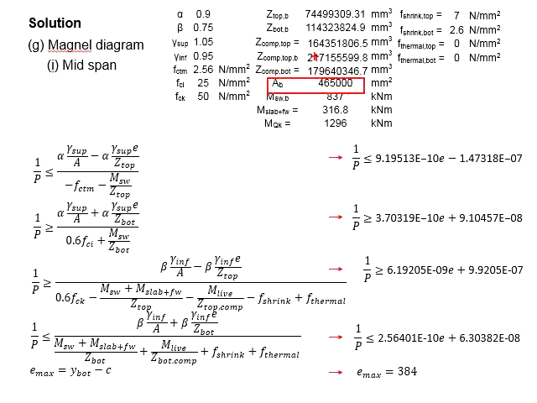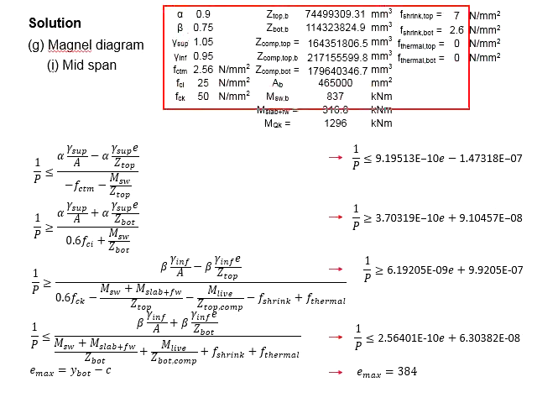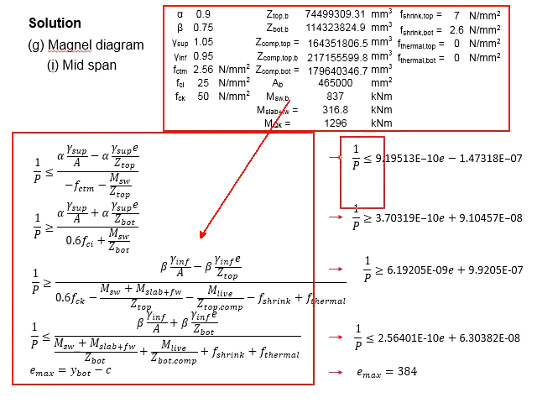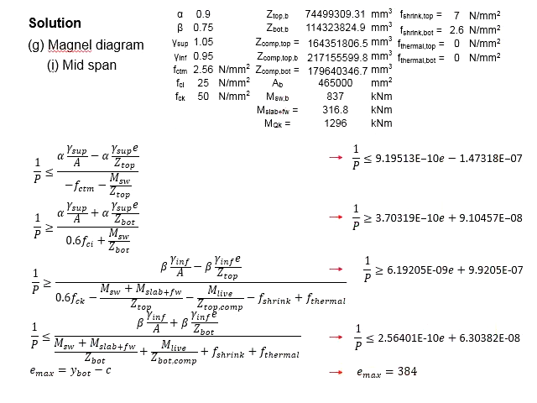Area also is a geometrical properties, and there will be 3 types of moment, as well as the shrinkage and thermal stress. Substitute all these values into the 4 equations of Magnel, you will get this. The maximum eccentricity will be defined by the y bottom minus the cover, which this y bottom is referring to the precast section. You get 384 mm.